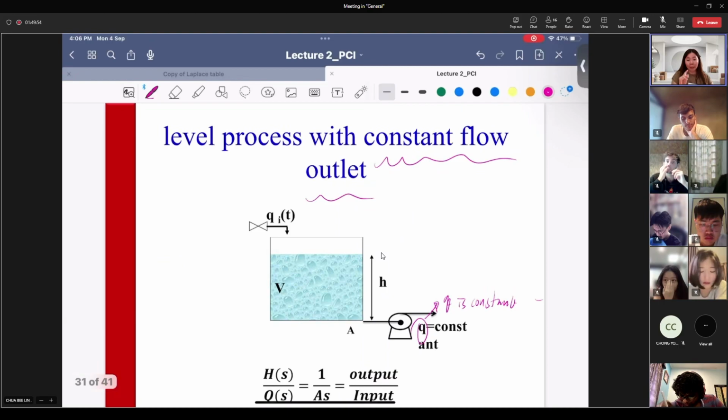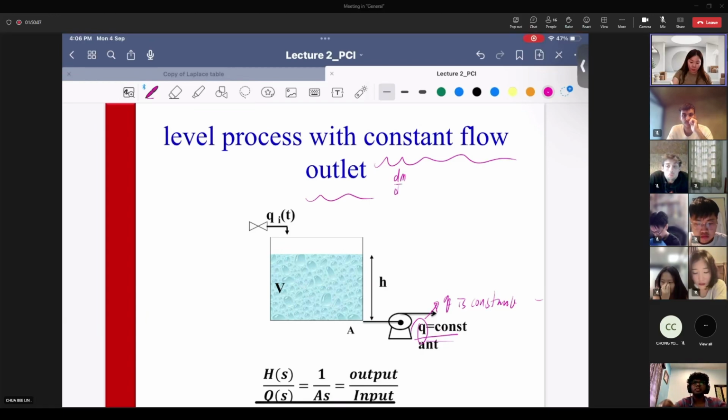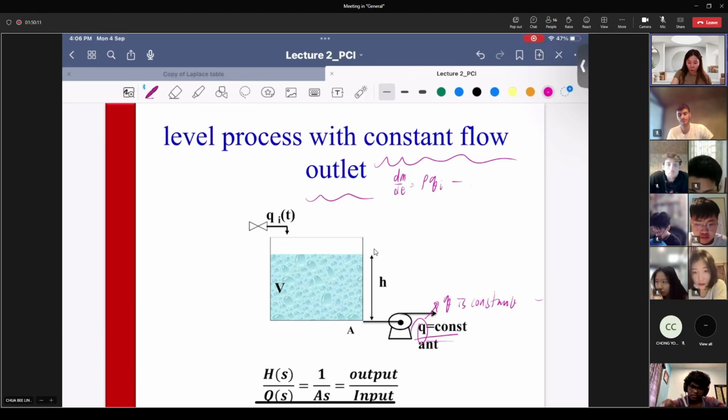So same example, different condition. What if your Q is constant? Then you will repeat everything the same using the concept just now. Mass balance, so dm over dt equals rho qi minus rho q.